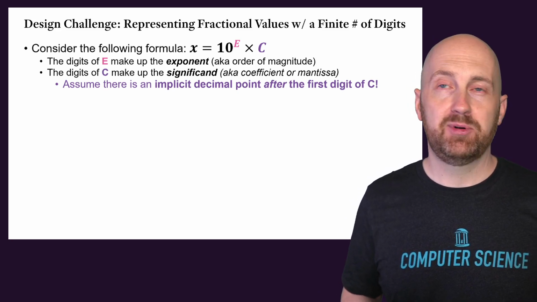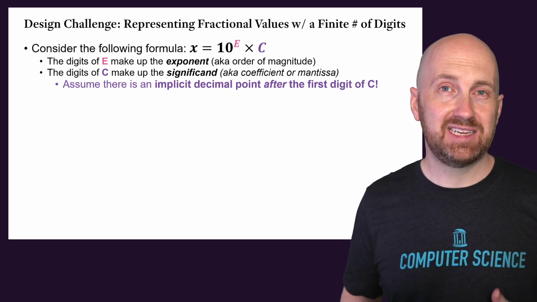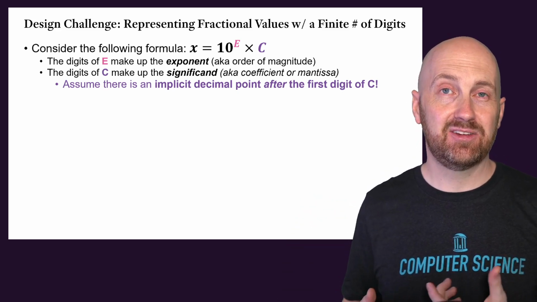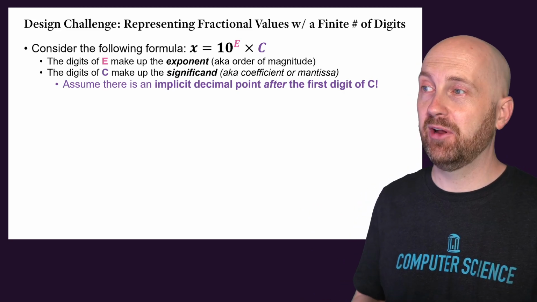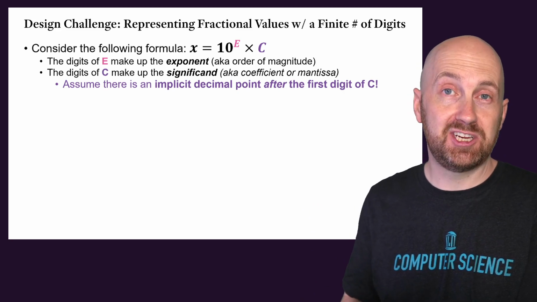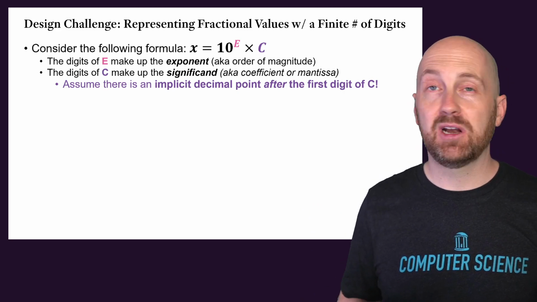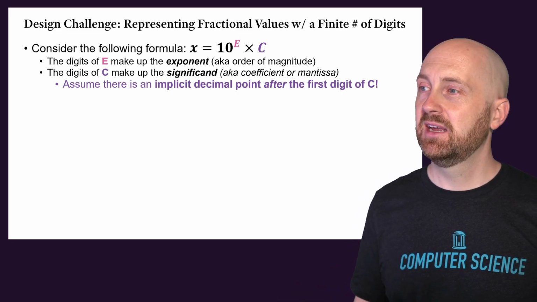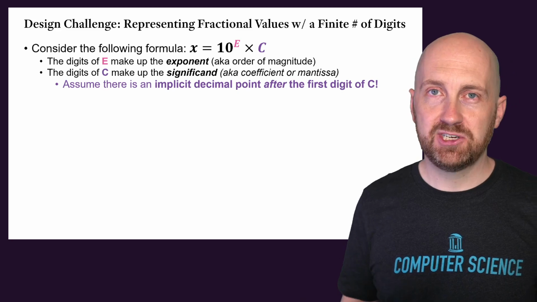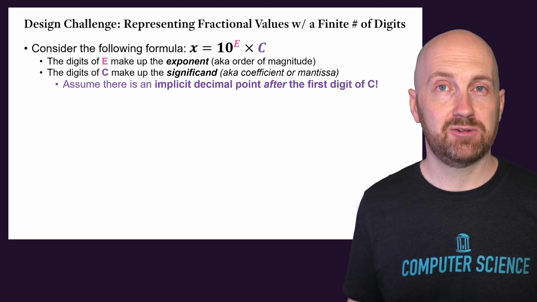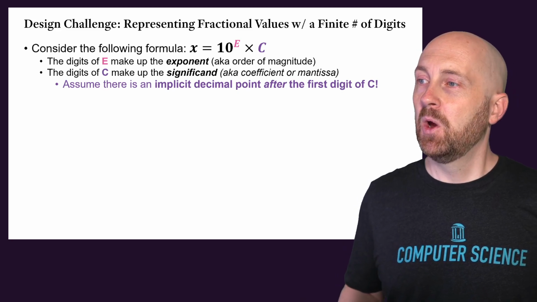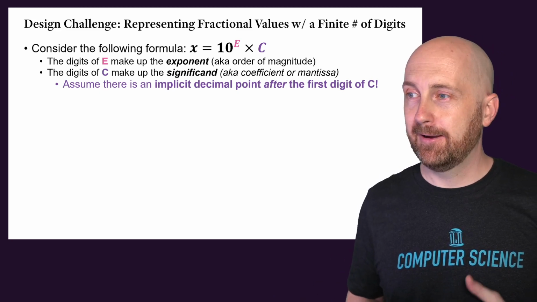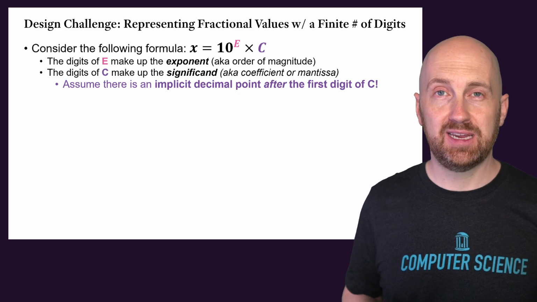We're going to have an implicit 10 raised to some power e, and that e needs to be specified as part of our number, as part of your digit budget. Then we multiply that by c, which is our significand, or significant digits. You can think of this as your coefficient, or, in a very technical sense, the mantissa.